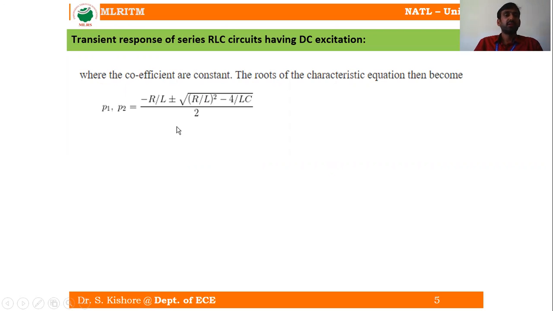How did we get this? You might have studied in algebra ax square plus bx plus c. For that, the roots are minus b plus or minus square root of b square minus 4ac by 2a.